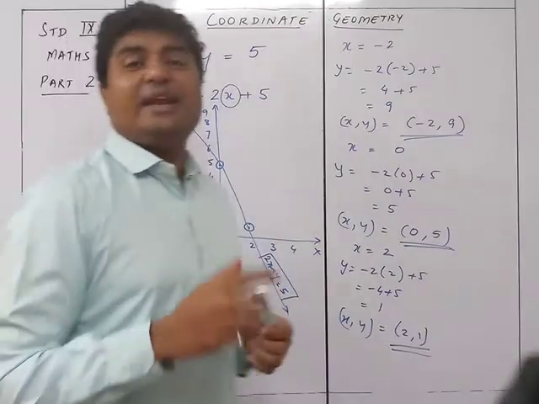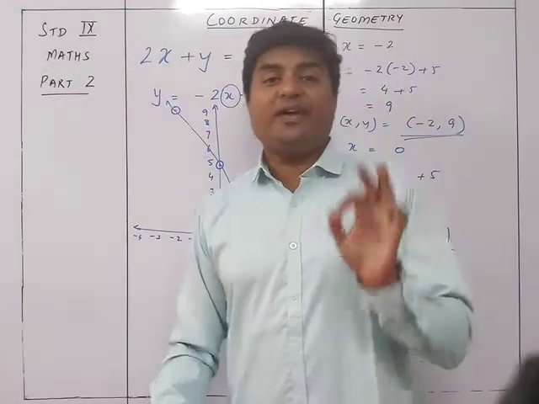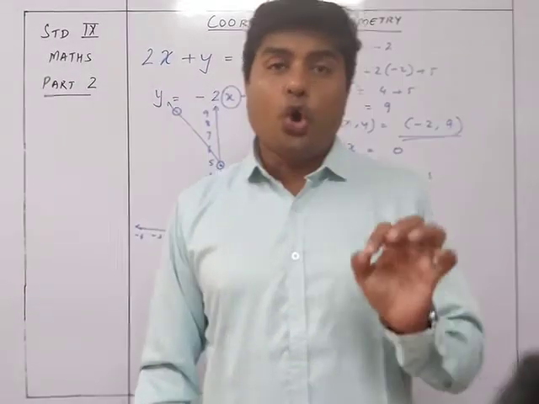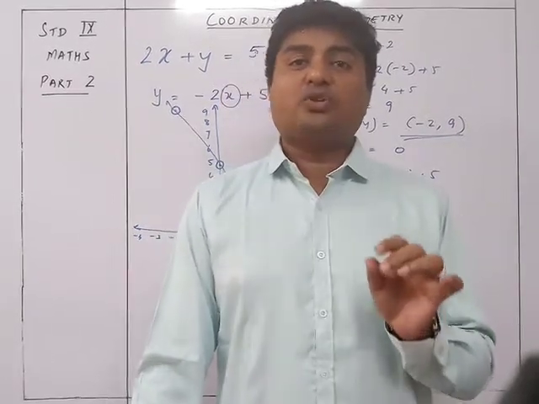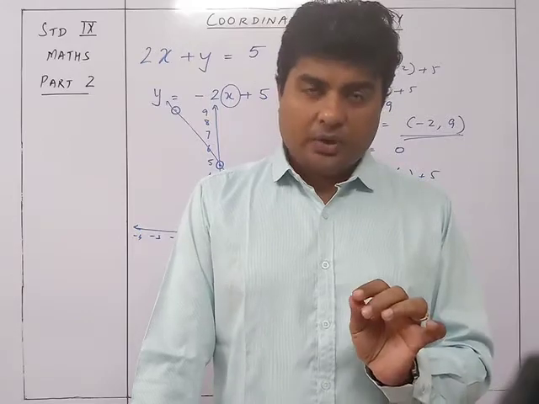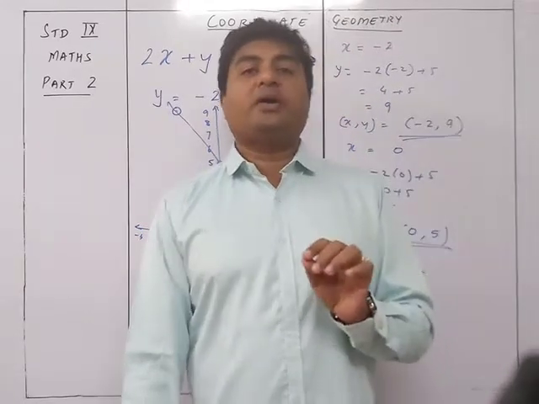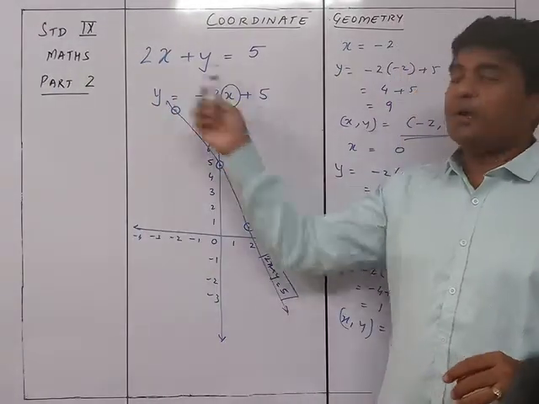Each and every line, in coordinate geometry, has its own equation. Similarly, each and every equation can be given a particular line. So there could be a line which can represent a particular equation.